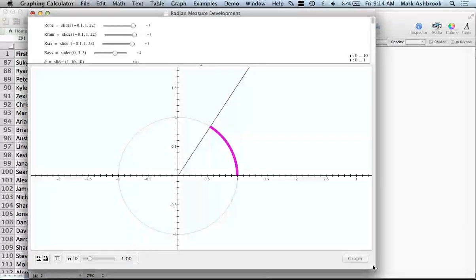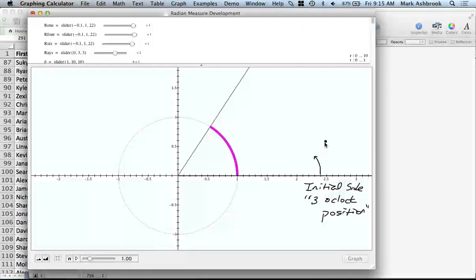Remember, just a quick review. We said that this is our initial side, conventionally, of the angle. It's called the 3 o'clock position. Positive opening angles open this way.